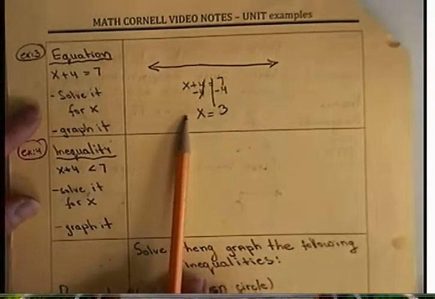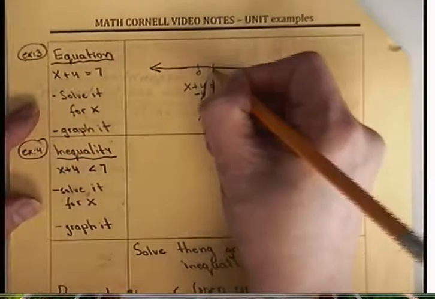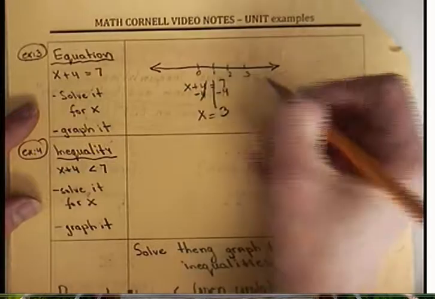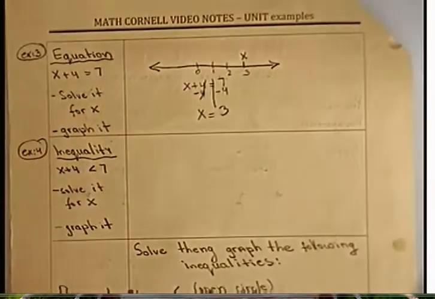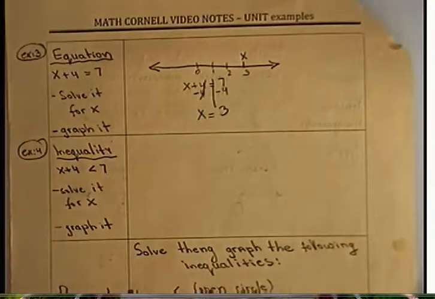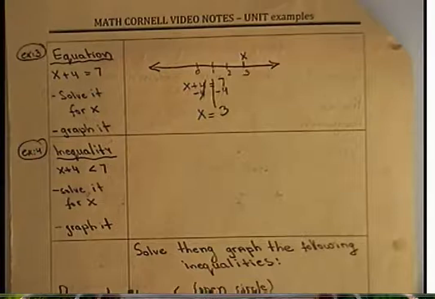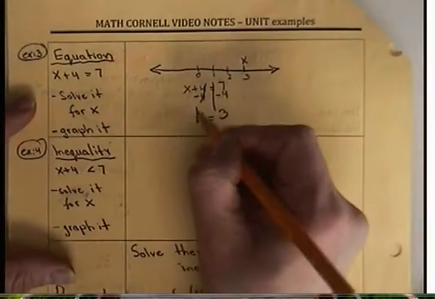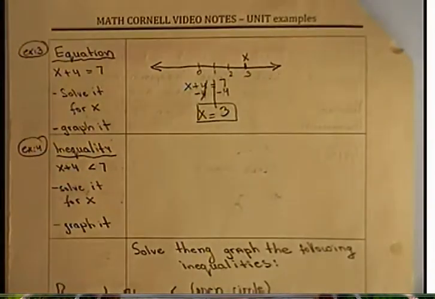So when you're solving equations, you can put 0, 1, 2, and 3 here, and your solution x equals 3 will be right here. We're not going to the left or to the right. We're not using an open or closed circle, just because this is not an inequality. x is exactly equal to 3. So this is what x is equal to.